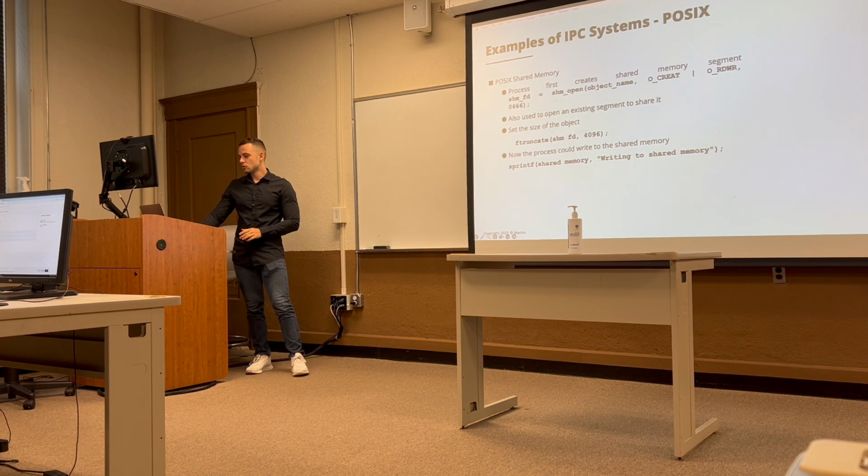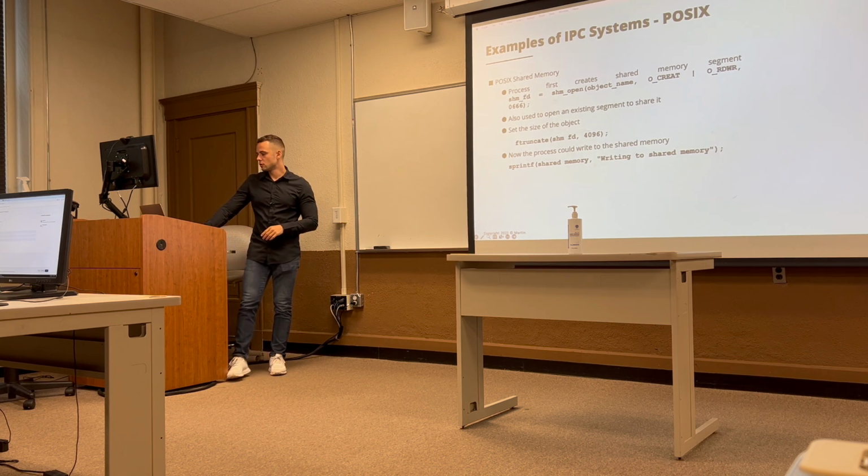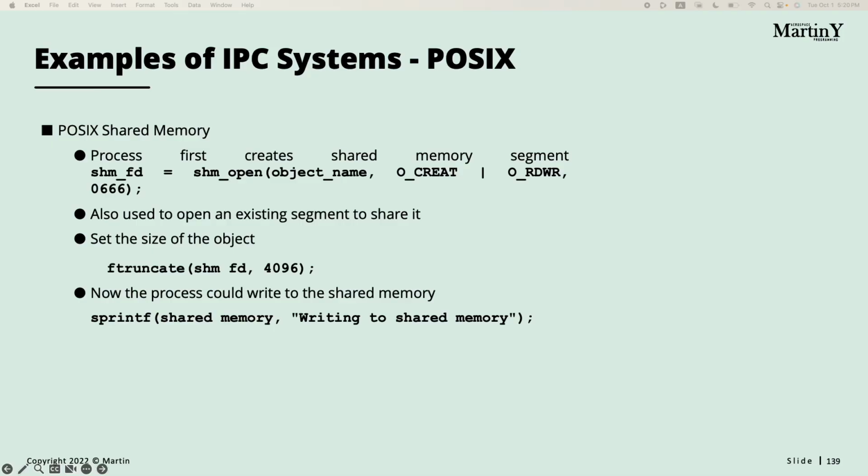All right. So an example of a shared memory system is the POSIX shared memory. This system has an API that allows us to use a few functions that can create a shared memory and also allow processes to write into it.